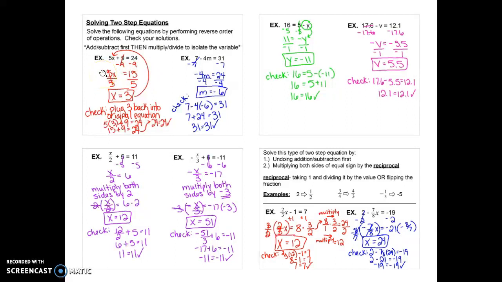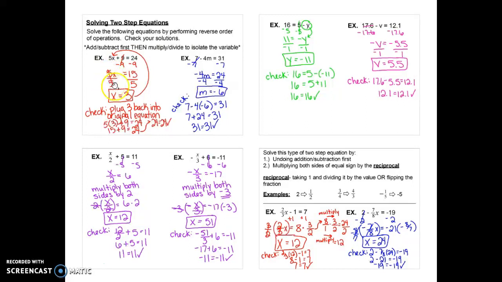Now I can either multiply or divide. Again, my goal is to get this x to be by itself, so I've got to get rid of this 5. Right now, the current operation that's happening is 5 times x. So if I want to move that 5 to the other side, I'm going to have to do the opposite operation. The opposite of 5 times x is dividing both sides by that 5.